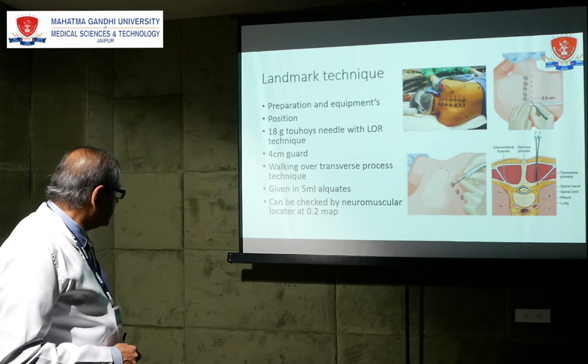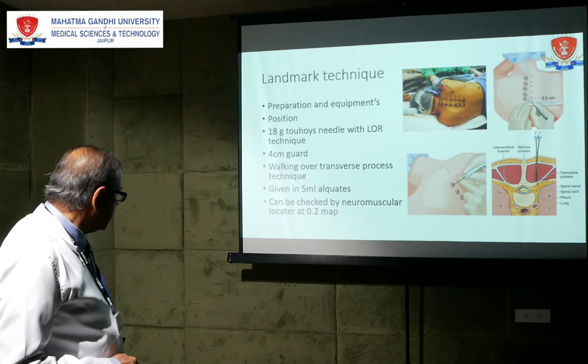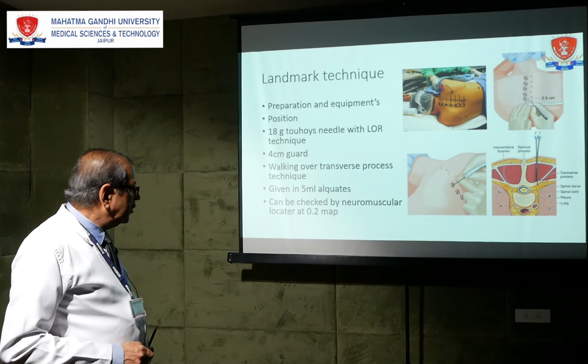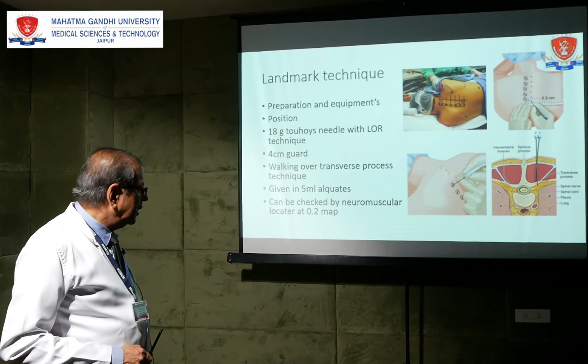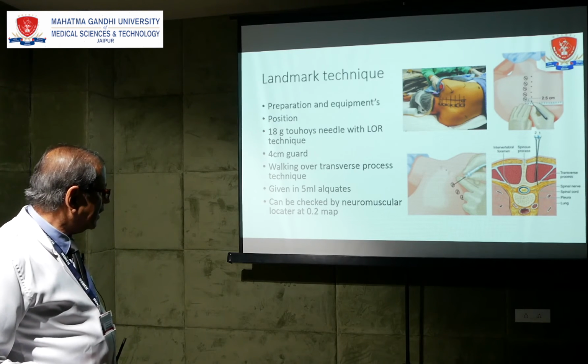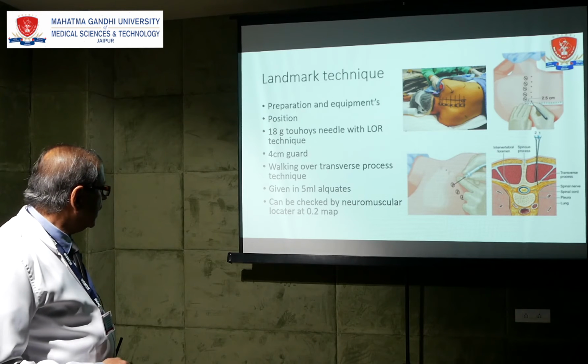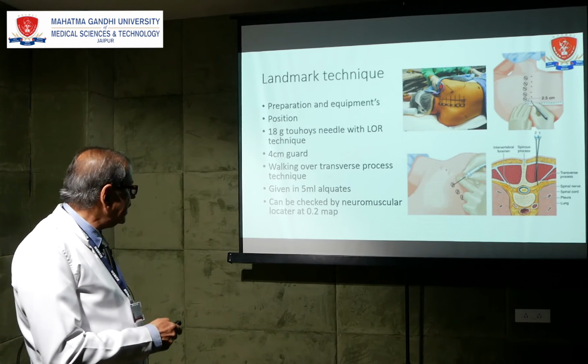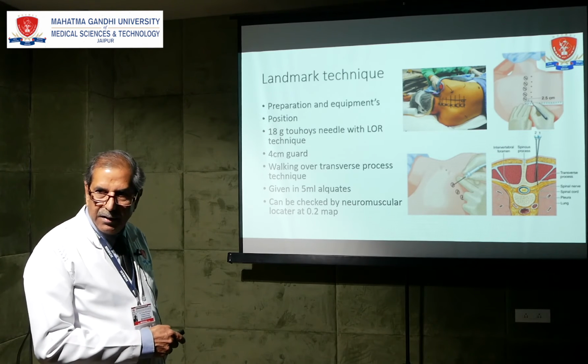The volume given is around 5 milliliters, as I had mentioned, and if you use a neuromuscular monitor as is being done here, then you can be more sure, and it is a partially assisted technique. Okay.